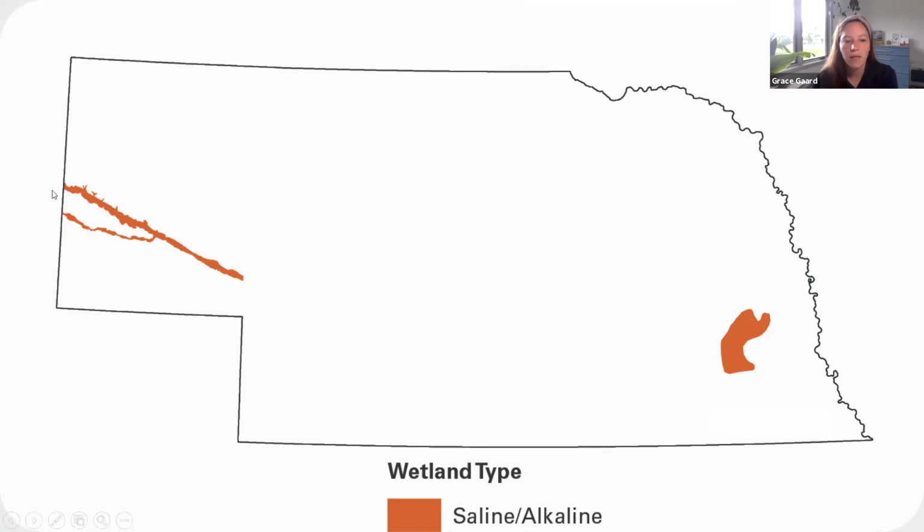And then alkaline wetlands, a lot of times you'll find actually even in the Sandhills wetlands, but you might also find them along, I think, the North Platte River. So you're going to be able to find them up along there.